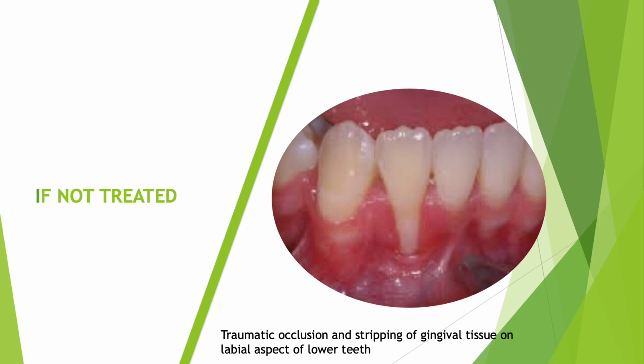It's creating undue pressure on the lower teeth, and that will cause the gingival tissue of the involved lower teeth to strip away, and that will weaken your teeth and ultimately lead to loss of tooth or teeth, depending upon where the situation is and how many teeth it involves.